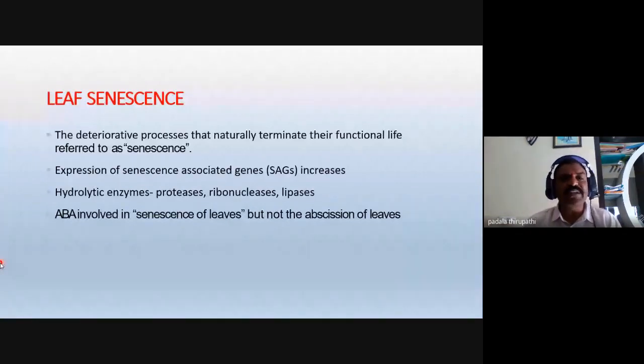Hydrolytic enzymes, that is proteases, ribonucleases and lipases, are responsible for leaf senescence. ABA is involved in the senescence of leaves, but not the abscission of leaves. This is the main difference between senescent leaves and abscission leaves.